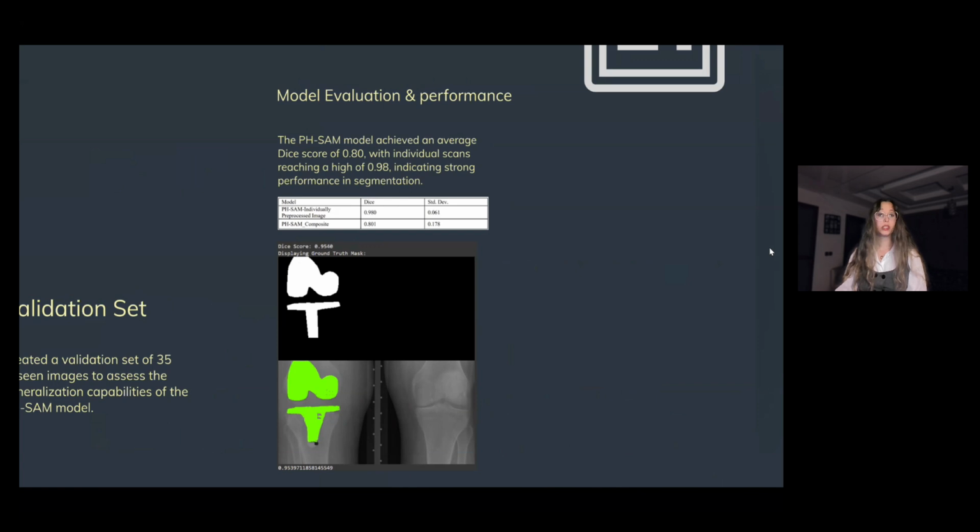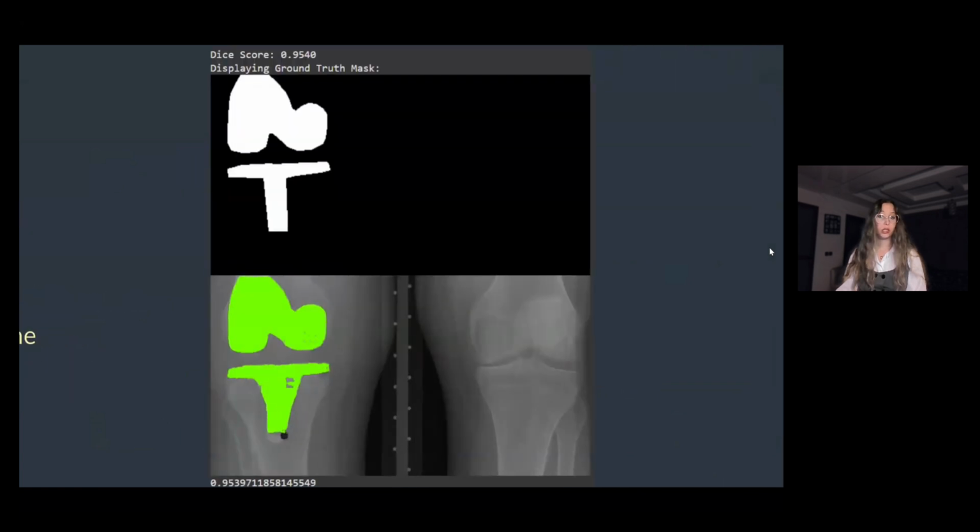This performance was achieved without any fine-tuning on test data, confirming PHSAM's generalization ability and automation. What's critical here is that this level of precision was accomplished entirely without human input. No annotation, no clicks, and no prior domain-specific training.